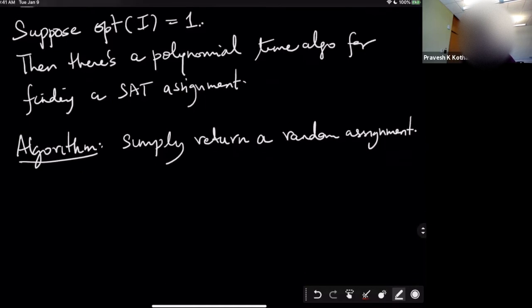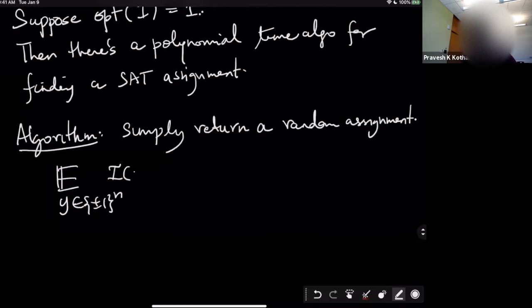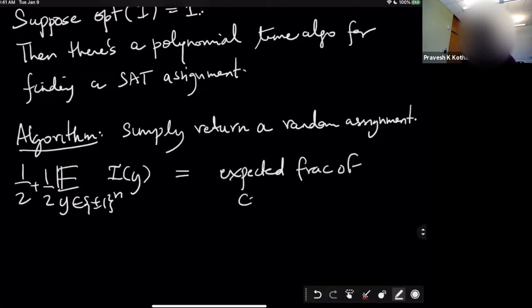If this is somewhat mysterious, this is an exercise in using our notation. So let's use it once. We'll do this simple proof only once. So, we are trying to understand the expectation over a random y of I of y. Remember that val I, the fraction of constraints satisfied, is simply half plus half of this expected fraction of constraints satisfied.